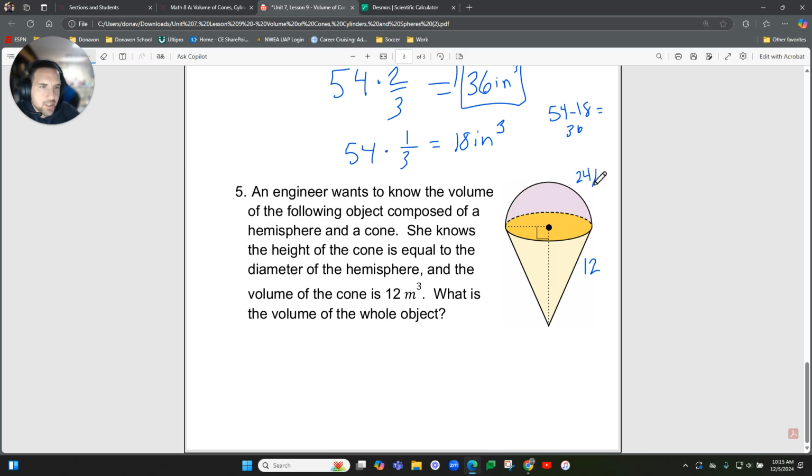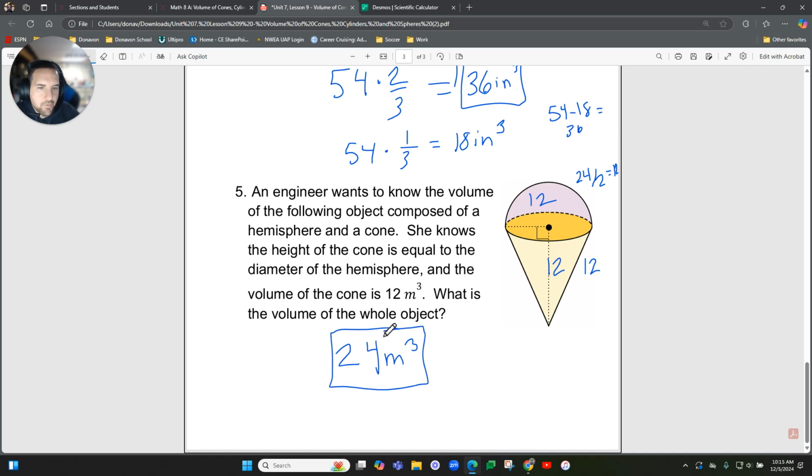So we divide by 2, and the volume of that hemisphere is also 12. The volume of the cone is 12, the volume of the hemisphere is 12. So 12 plus 12 is 24 meters cubed.